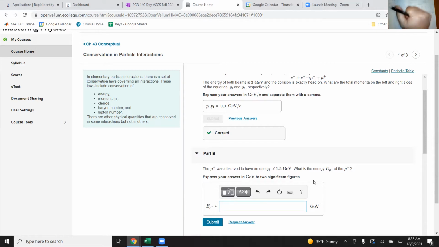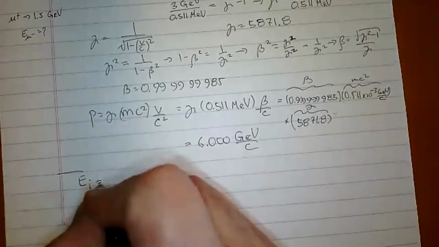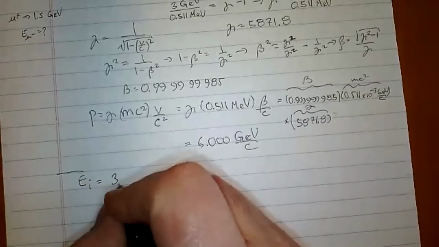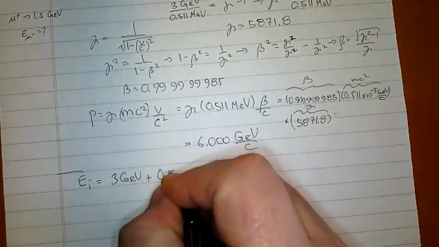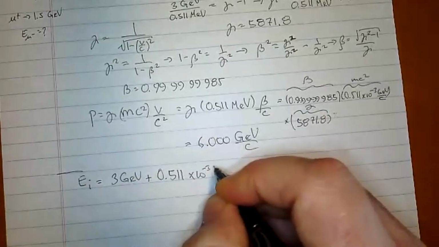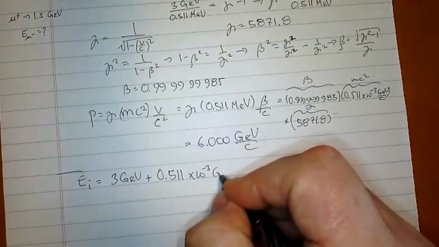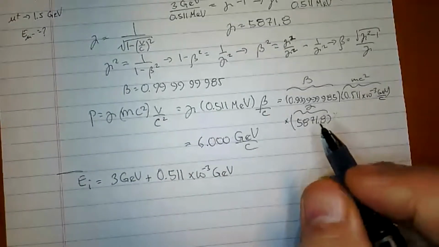So let's try to work that out. We said the mu plus had an energy of 1.5. Yes. Okay, so E initial would be 3 GeV plus 0.511 times 10 to the negative third GeV. Remember, that's MeV, so I had to make it 10 to the negative third to make it a GeV.